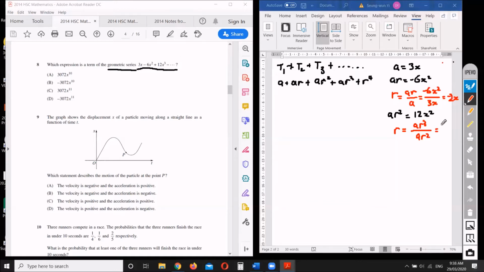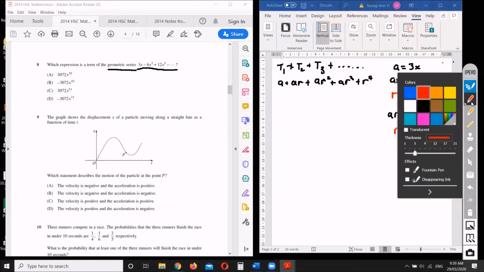Which would be 12x cubed over negative 6x squared. You wrote 12x squared for AR squared by mistake. Oh, yes. Thank you.